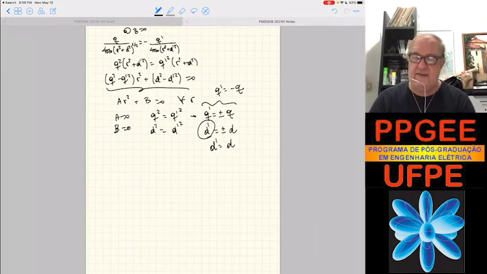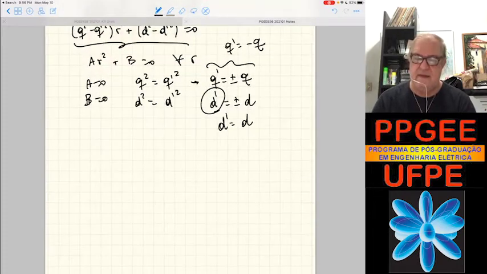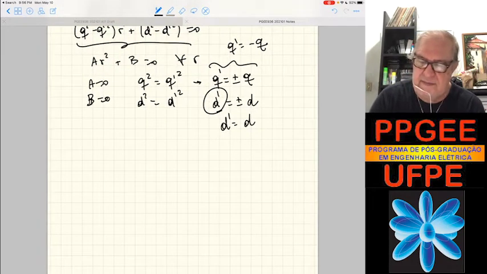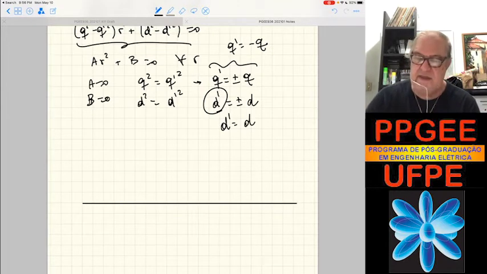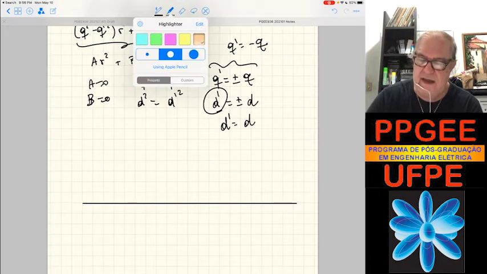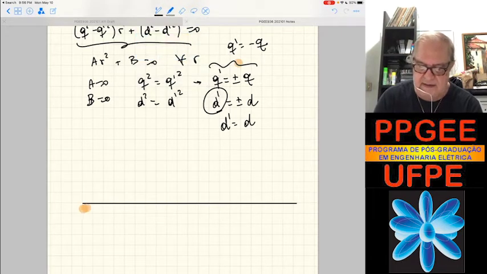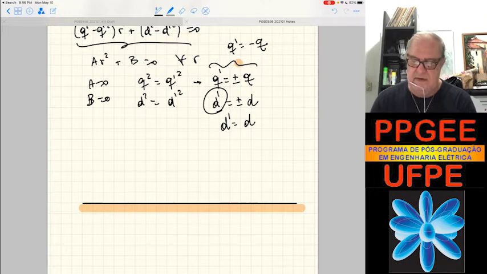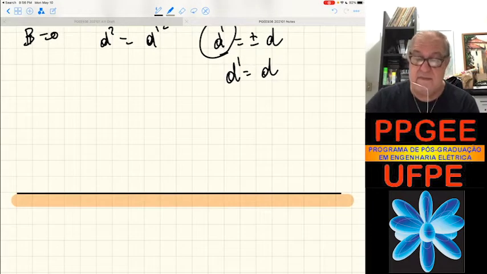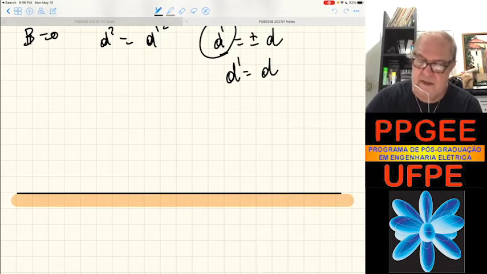So let's see how Gauss's law explains that. I think I talked about that earlier. We have the surface here, then we have a charge.